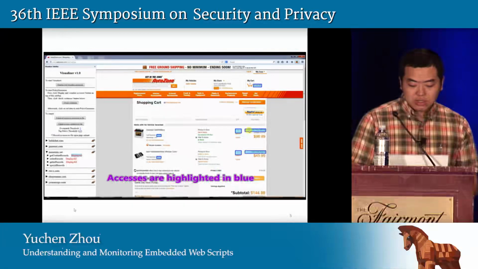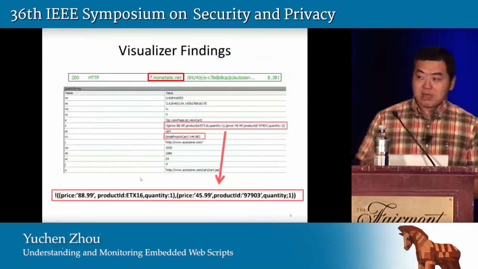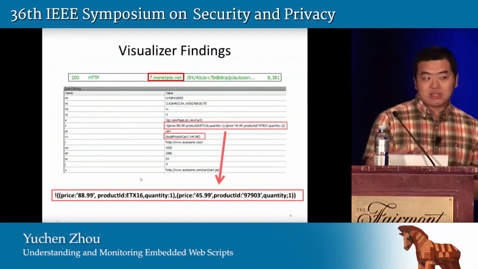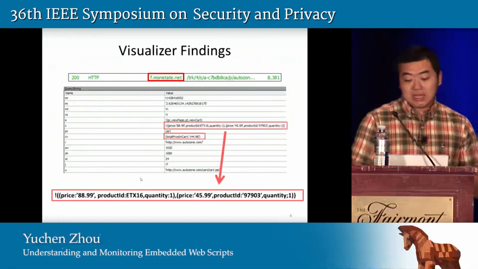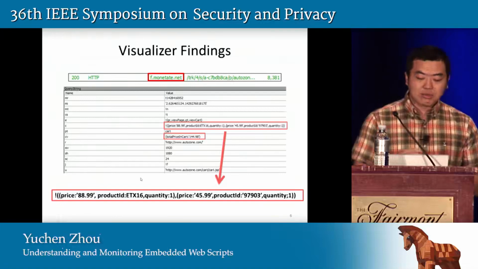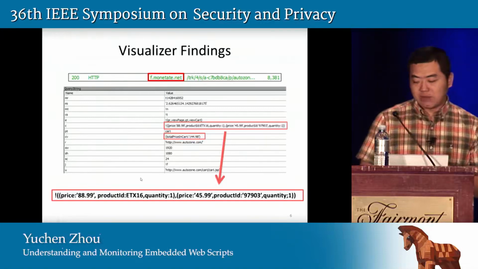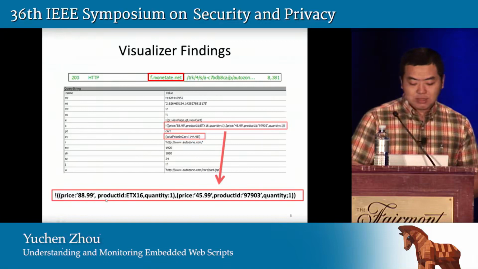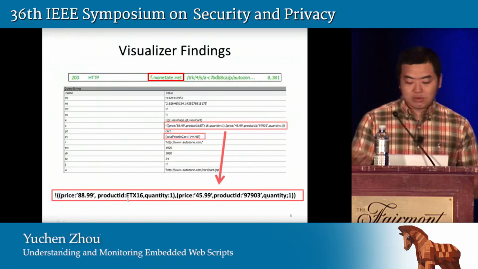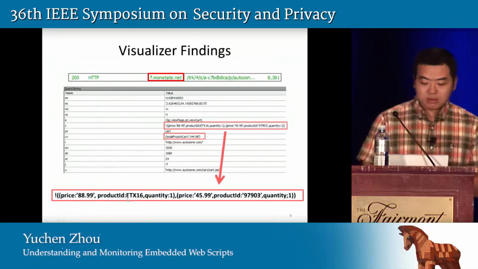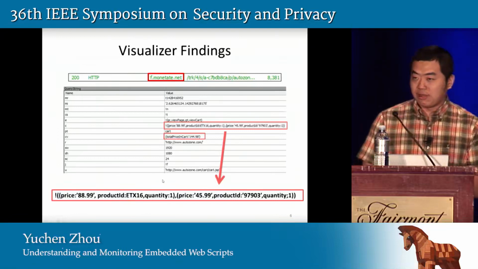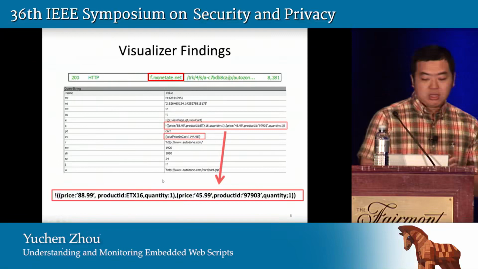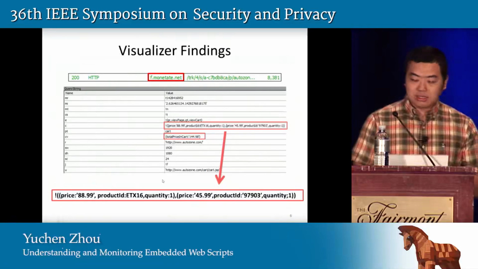We are also able to confirm that the script from moneytape.net actually sends this information away to moneytape.net, and this is captured by Fiddler, the traffic capturing software. You can see the price, product ID, and quantity are being sent out. So basically, this is how the visualizer works, and it gives the site administrators a better idea of what's happening on the page.